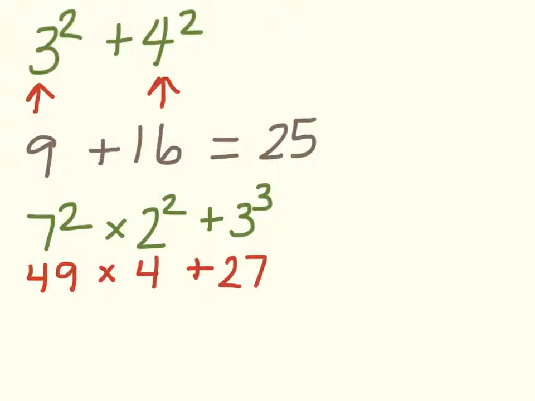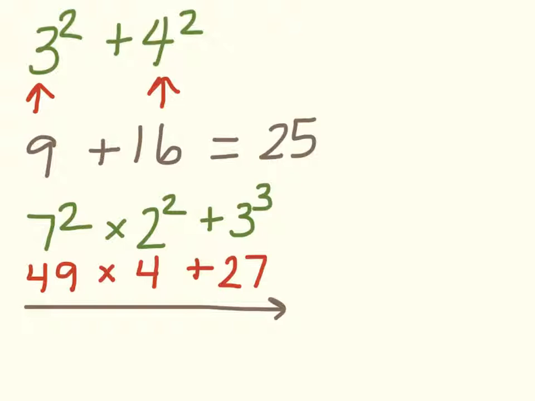Okay? Now, following PEMDAS, we need to work from left to right, and we need to do multiplication or division before addition or subtraction. So our next step is to take 49 times 4. Well, I'm going to use mental math to do that. 49 is close to 50. 50 times 4 is 200.